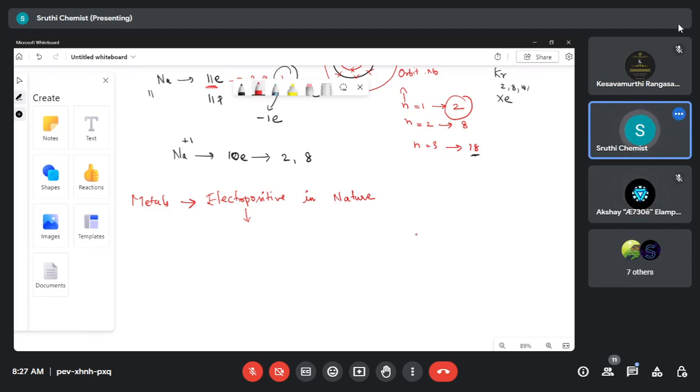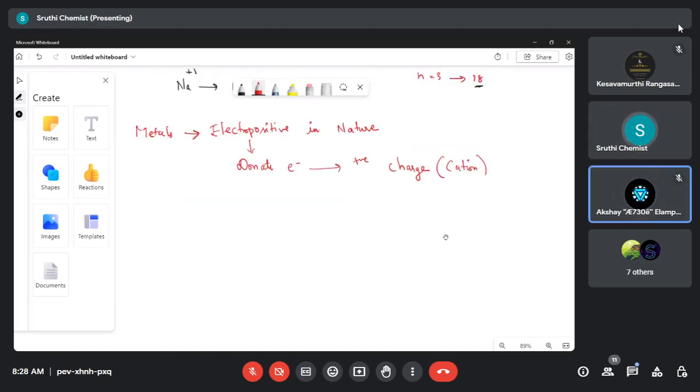Metals will always donate electrons and won't accept them. The metals donate their electrons and turn into a positive charge, also called a cation. Remember, all metals will donate electrons. Clear, students?